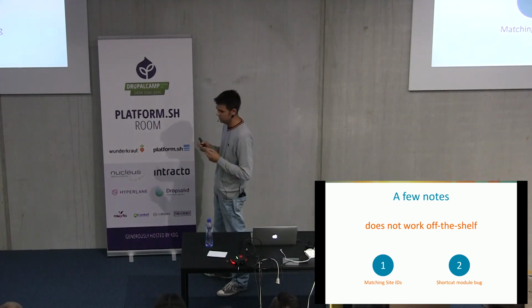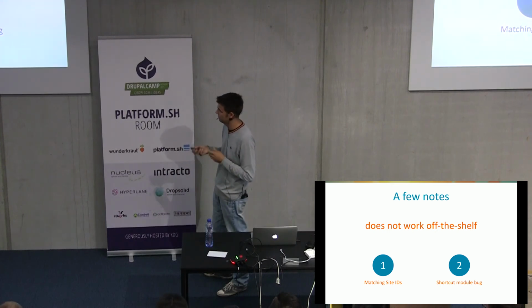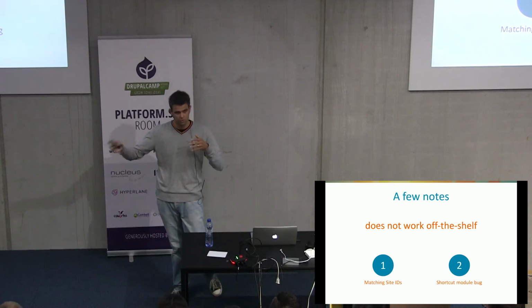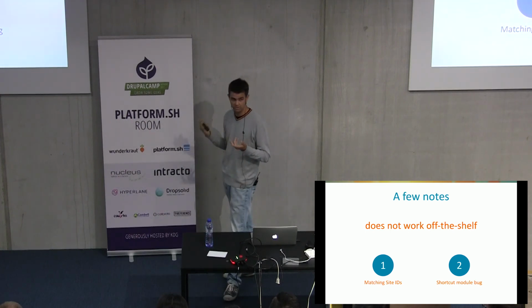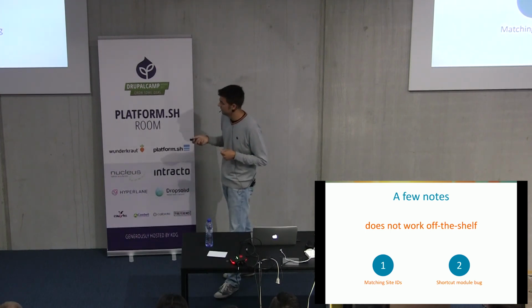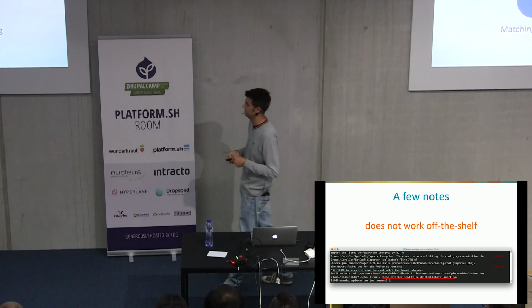I say off the shelf, which means just a very basic implementation. You have to fiddle around a bit to get going with it. First of all, the websites between which you are sharing content need the same universally unique identifier. And second of all, there's a bit of a bug with the shortcut module, which we will go into a bit further.